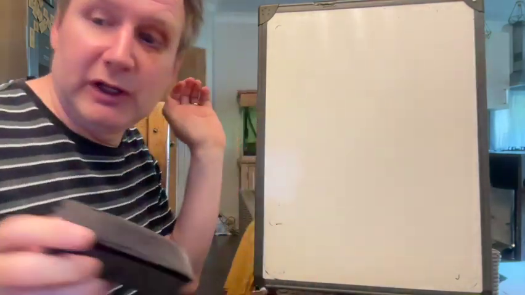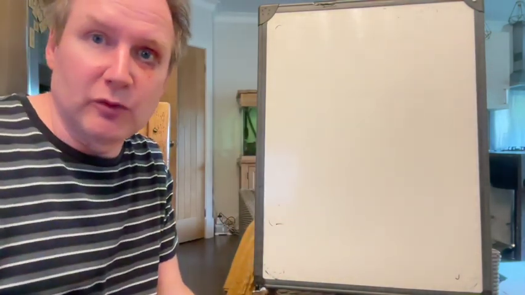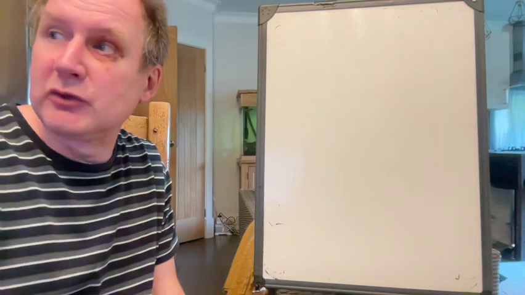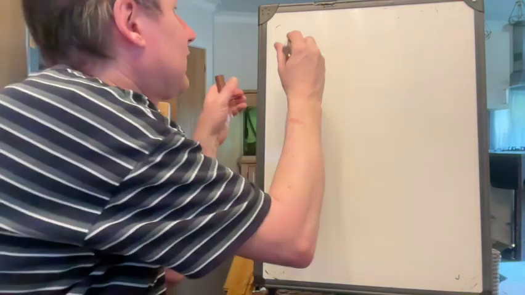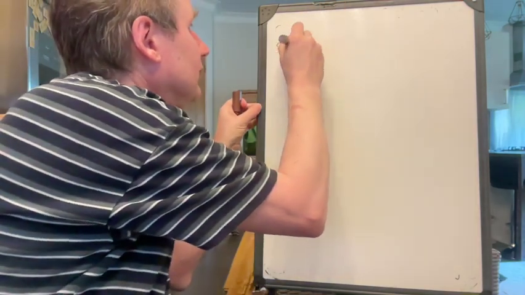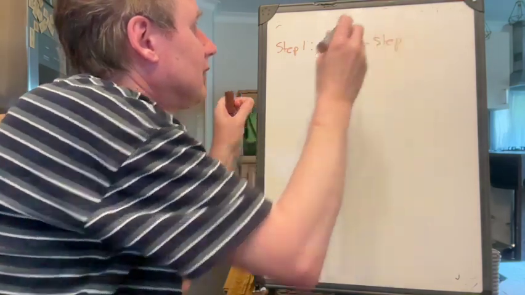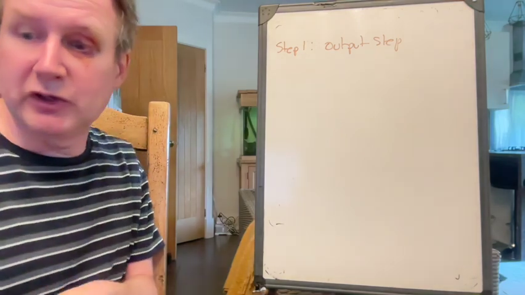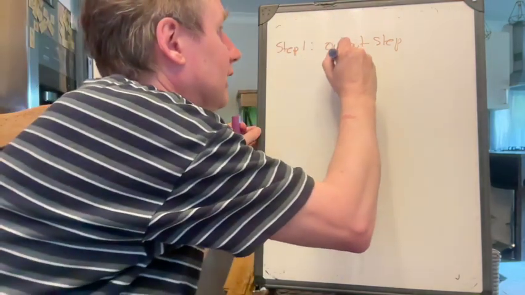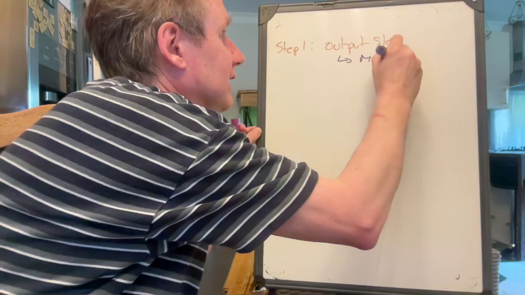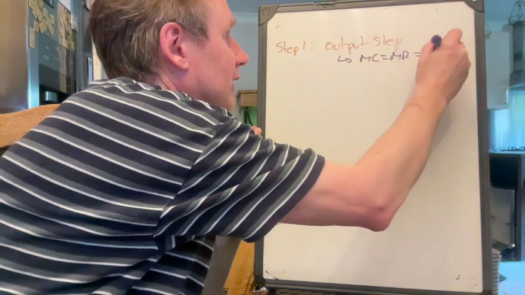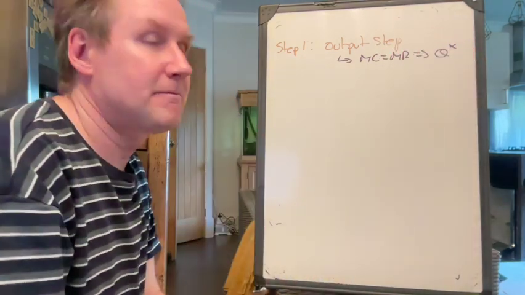How do we draw these diagrams? How do we show what it is? Essentially, there are two steps. Step one is the output step. In the output step, you find the output at which MC equals MR, and we're going to call that output Q star.